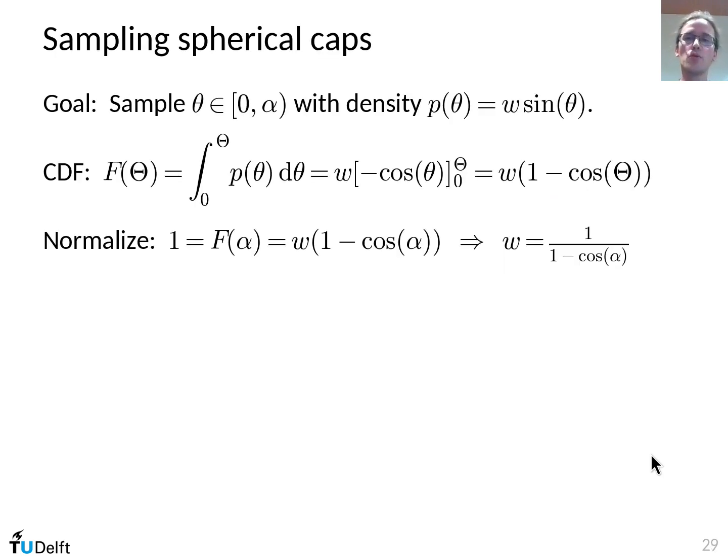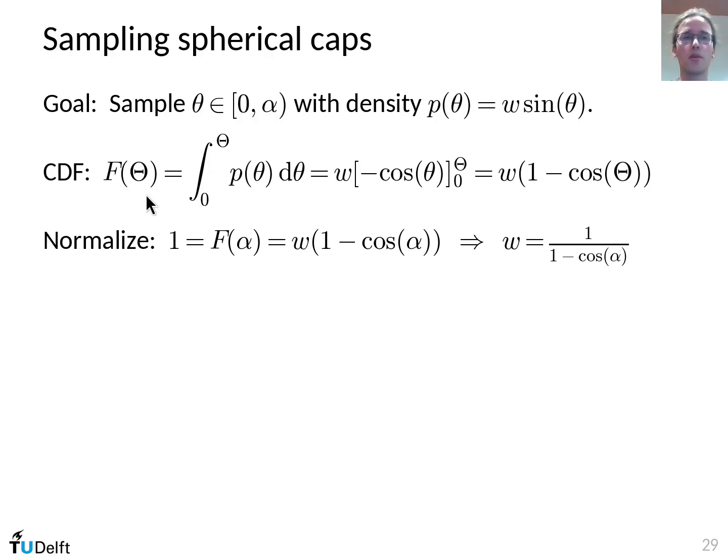To do this, we use inverse CDF sampling once again. This will be a similar computation to what we saw before, and I will go over it a bit more quickly. So we want to sample proportional to sine of theta, such that our sampled directions will be uniform on the hemisphere. But we only want to sample within this interval from 0 to alpha.